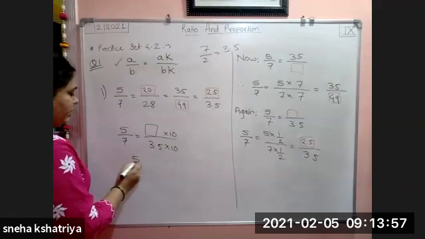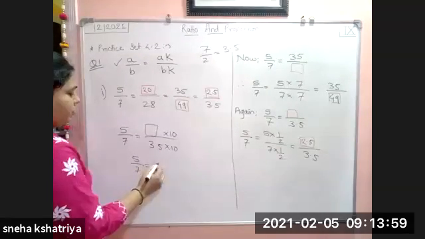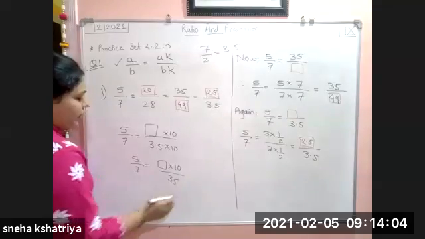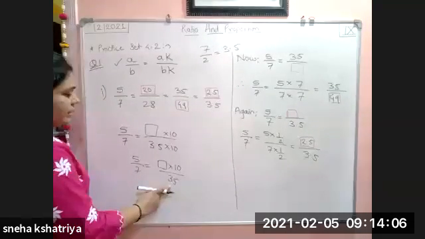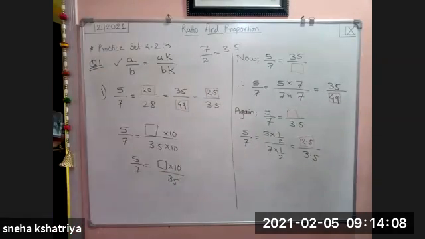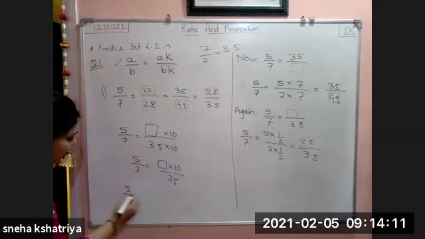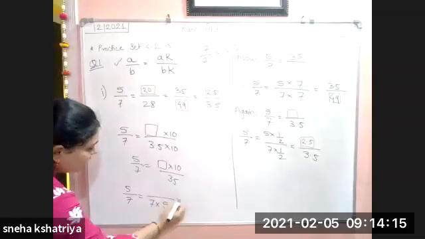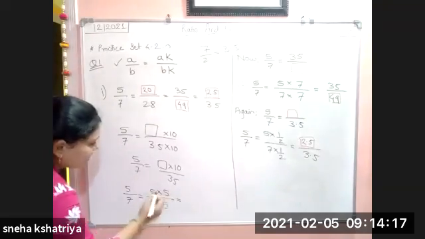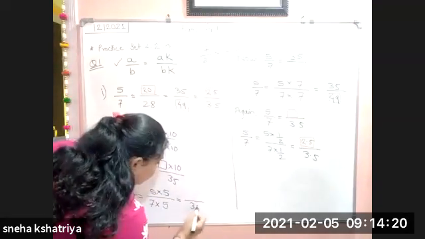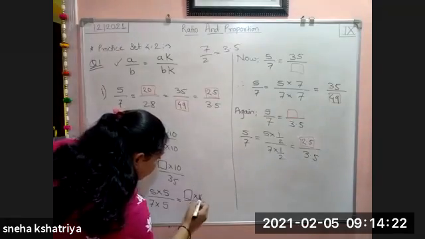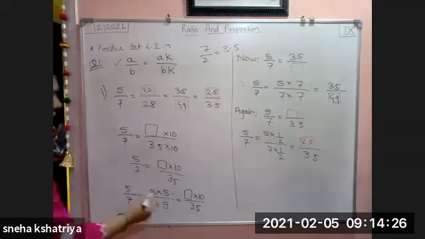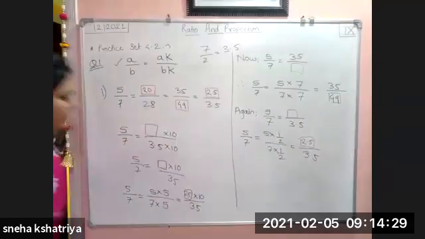First multiply by 10, so here box into 10 upon 35. Okay, 7 how much is 35? It is 5. So 5 upon 7 is equal to 5 multiplied by 5 upon 7 multiplied by 5, so at the denominator it is 35. Here box multiplied by 10. Okay. So here 5 5s are 25.